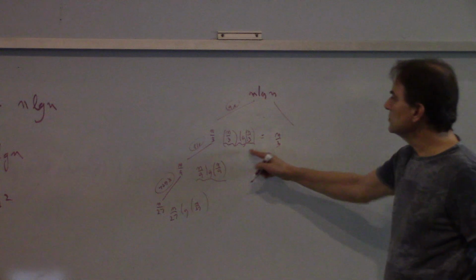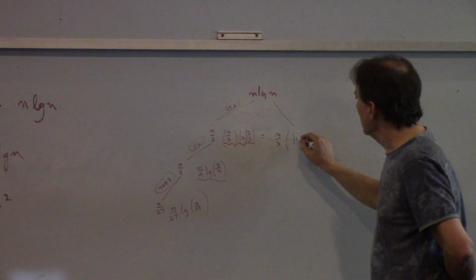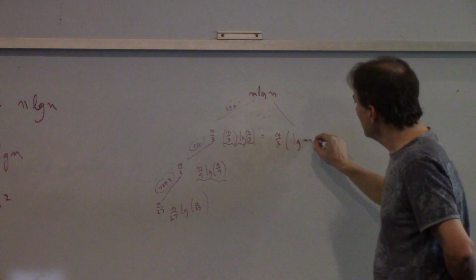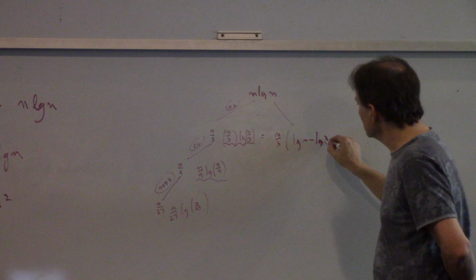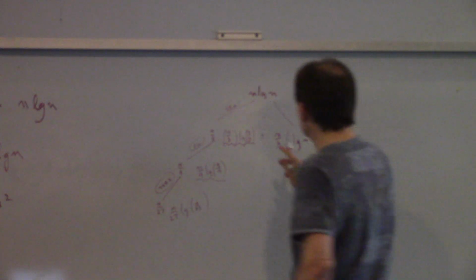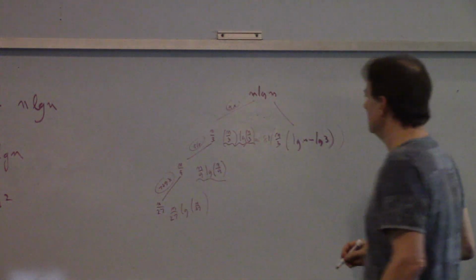How do you simplify lg of n over 3? It's lg of n minus lg of 3. And we're going to multiply this by 81. So that's the actual work at level 1.